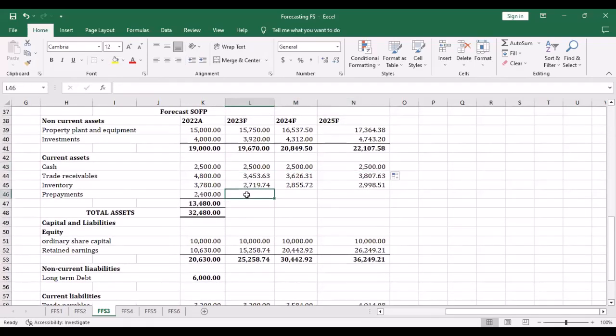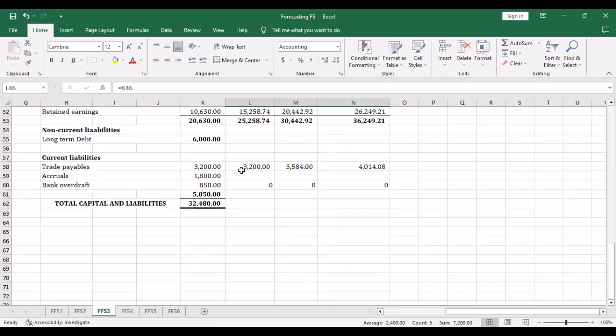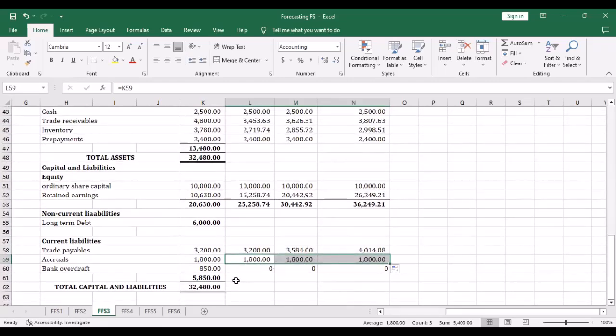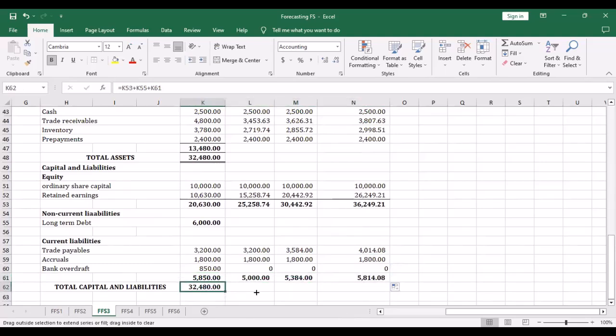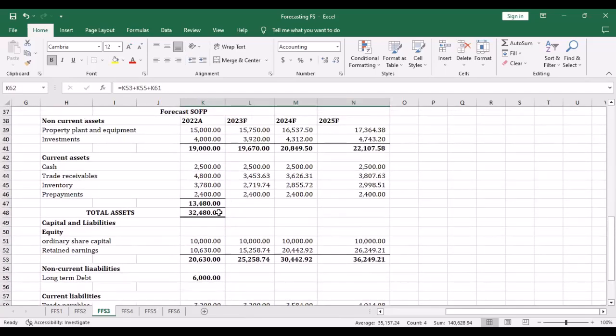So these were to remain constant for the forecast, and the accruals also. Here is just finding the total, and also here. I'll be dragging because the formula is already in.